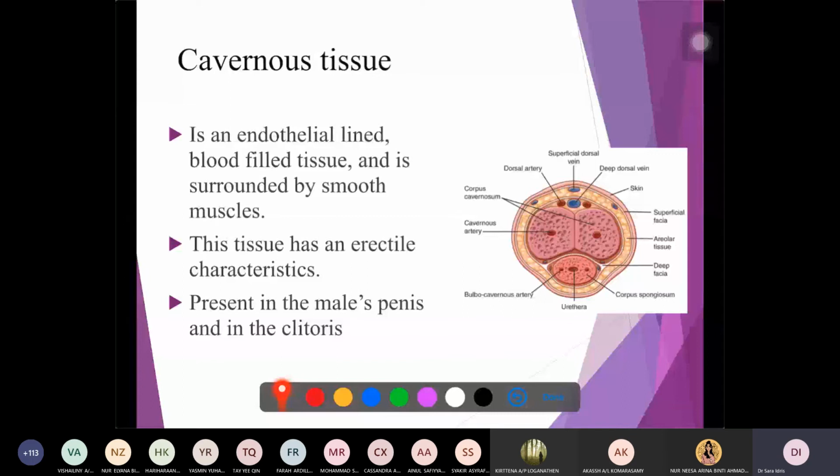They have a parenchyma with some connective tissue, surrounded by smooth muscle and lined by endothelium, and it's very characteristic of erectile tissues. So tissues with erectile functions will have what is known as cavernous tissue, the most significant of which you can find in a male's penis and in the clitoris itself.